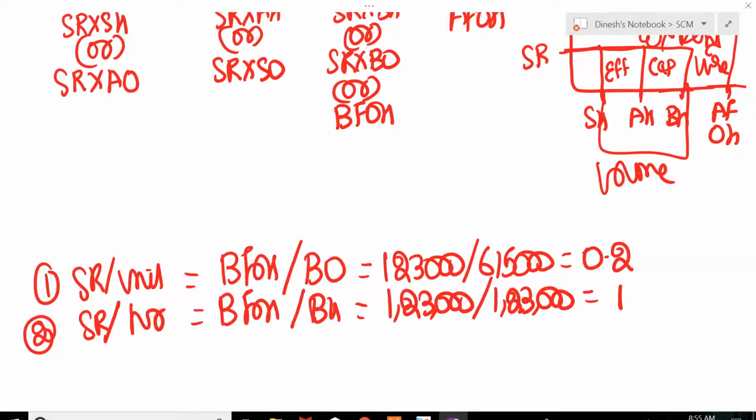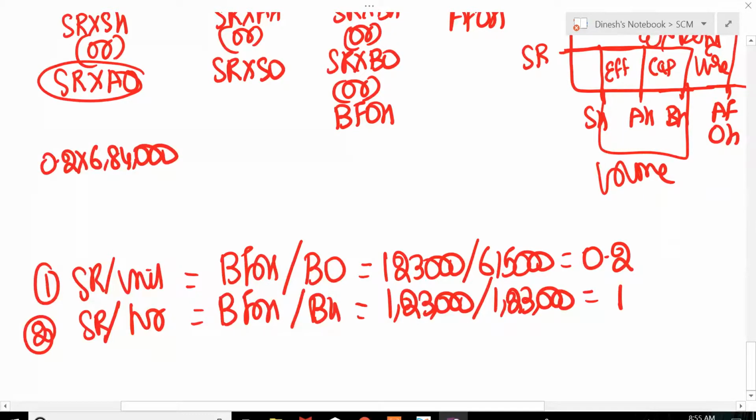Do we have SH or AO in the question now? AO is how much? So 0.2 into 6 lakh 84,000, because with output you will use SR per unit, with hours you will use SR per hour, SR per unit and SR per hour. 0.2 into 6 lakh 84,000.